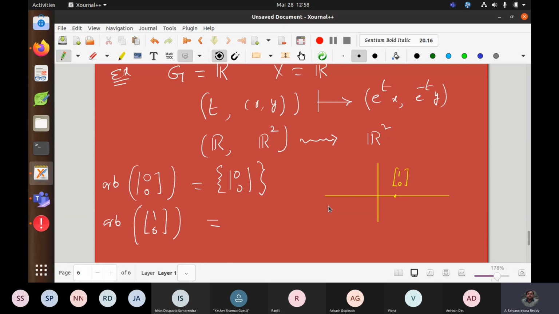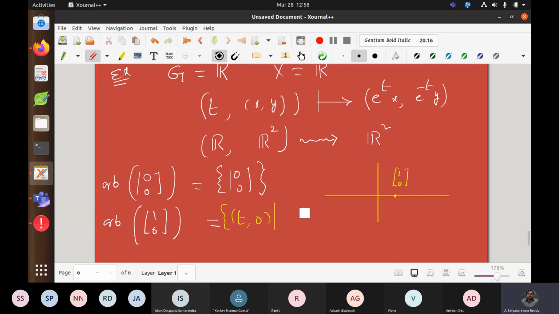I am asking you what is orbit of 1 0; that is the question, but you want to say something? t comma 0 where t is strictly greater than 0. Very good. So t comma 0 such that t is strictly greater than 0.